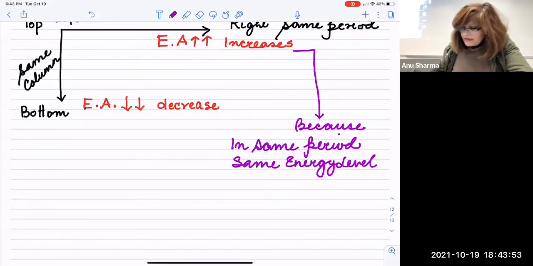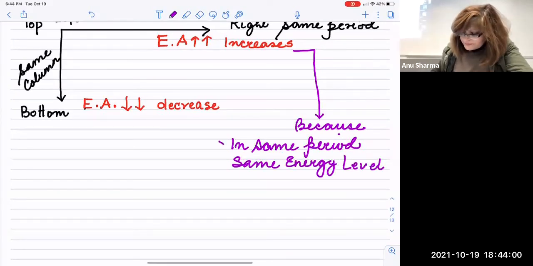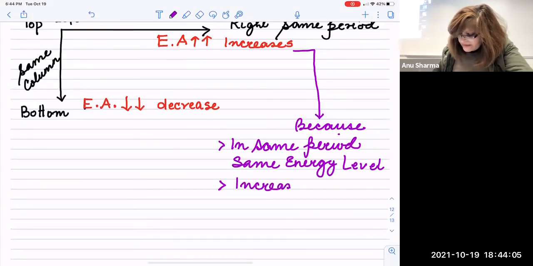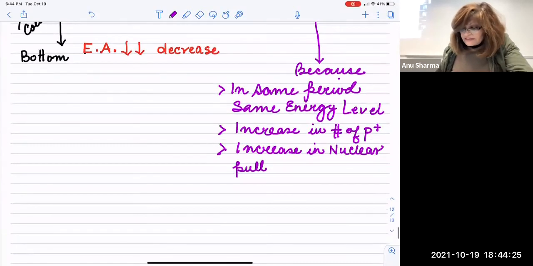And when you have the same energy level, there is an increase in the number of protons. When there is an increase in the number of protons, there is also an increase in nuclear pull. So it's the nucleus that attracts the electrons.